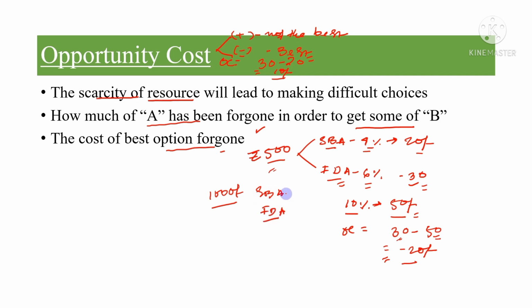So you put rupees 500 into the saving bank account and rupees 500 in your fixed deposit account. If there is no scarcity of resources, you need not choose between the saving bank account and the fixed deposit account. So opportunity cost will not come into existence here. Only in case of scarcity will this come into the picture.